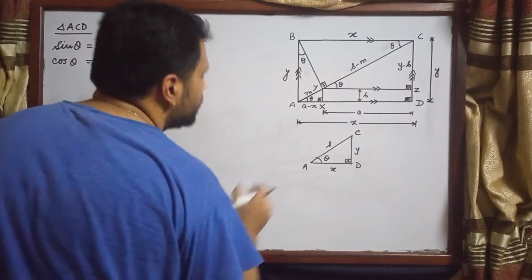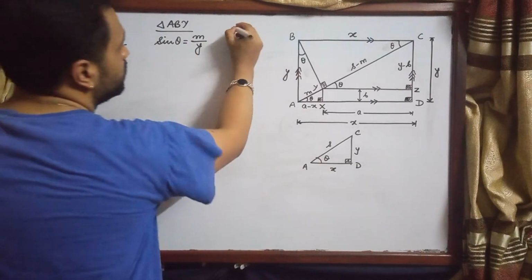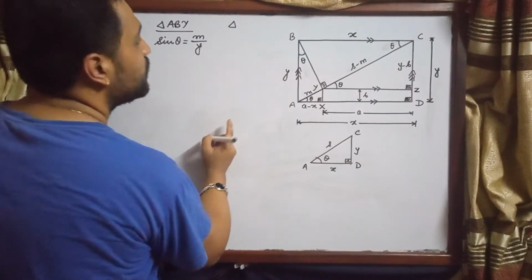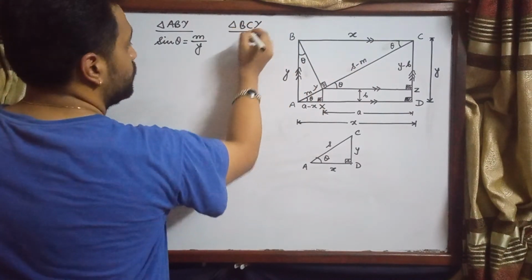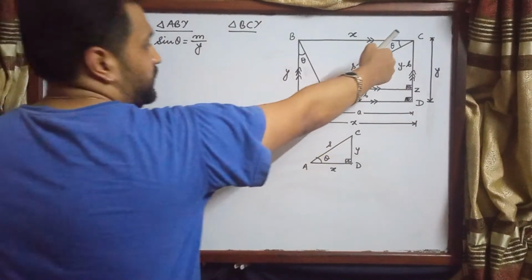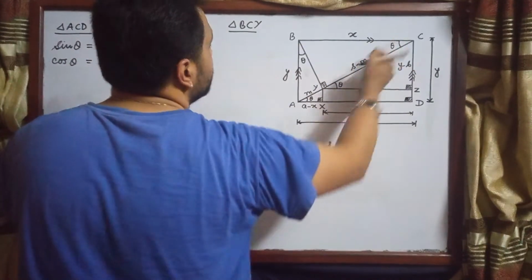We can, but we're not going to. Now let's look at triangle BCY. We can calculate cosine of theta from this triangle.